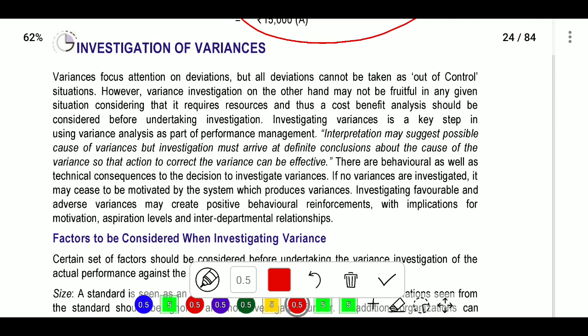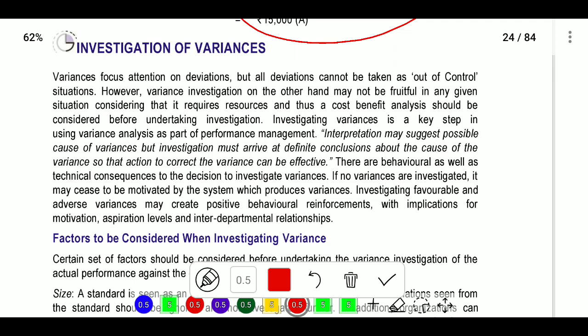Next, interpretation may suggest possible causes of variations, but investigation must arrive at definite conclusions. Variances, the differences, may tell a story. If you ask the production manager or purchase manager why the difference arose, he will tell a story: there is a price difference, a quantity difference, some different discounts.